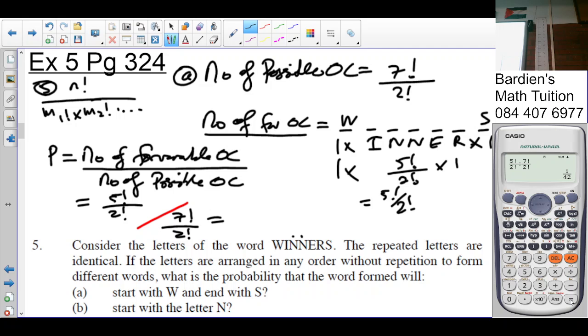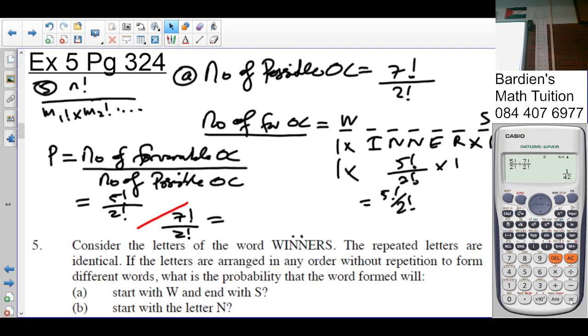Let's check. Who got 1 over 42? You got 1 over 42. Okay. Who got the textbook's answer? Nobody. Let's just check. Did they give you the calculation in the book?